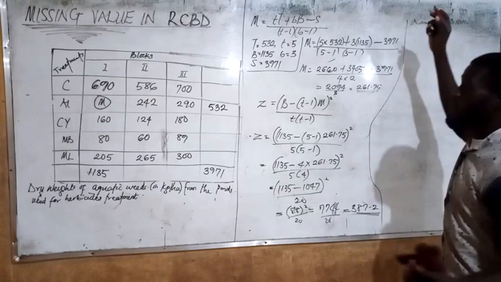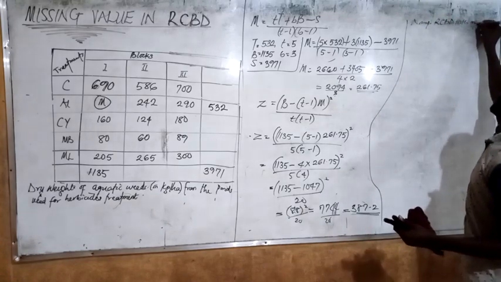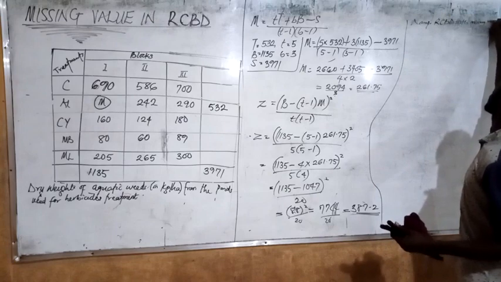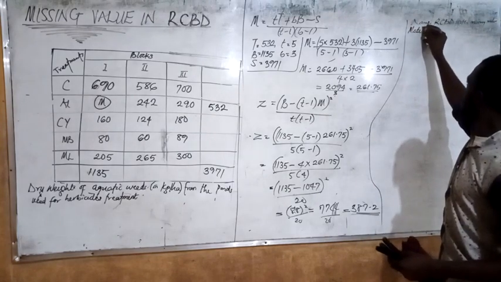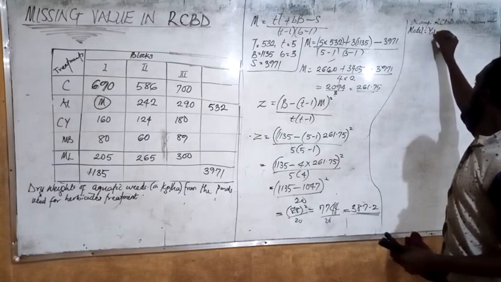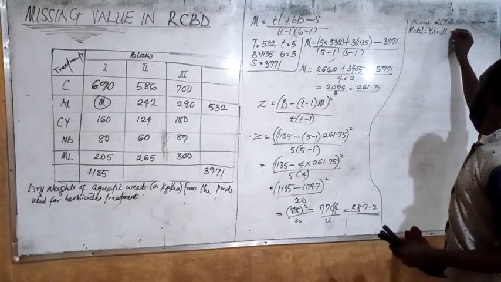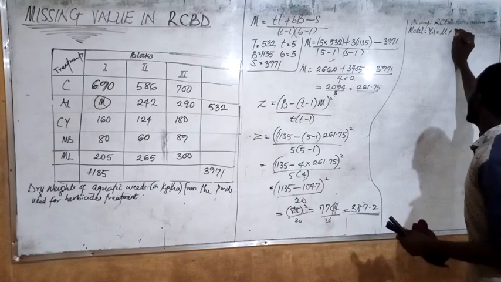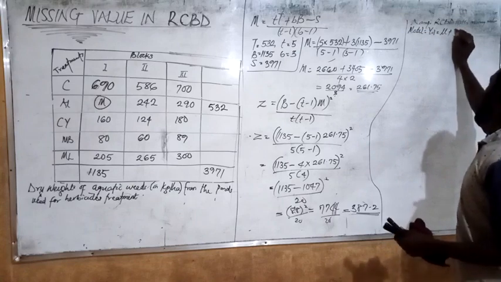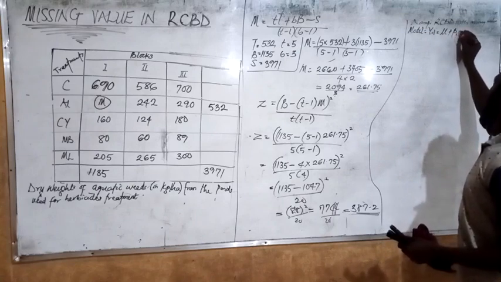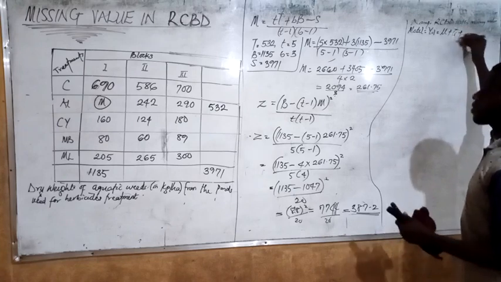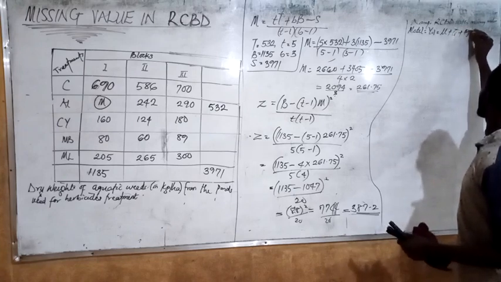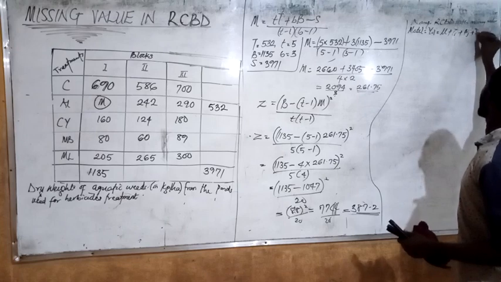Whether you write with missing value doesn't change anything. So, with missing value. Alright? So, then the model is still the same, which is what? Yij is equal to mu plus beta I, treatment I plus, that is tau I plus bj plus epsilon I.